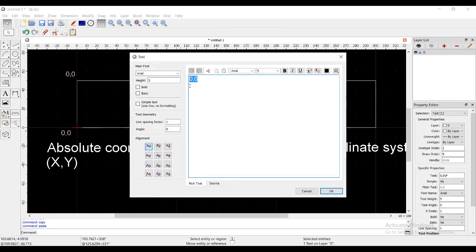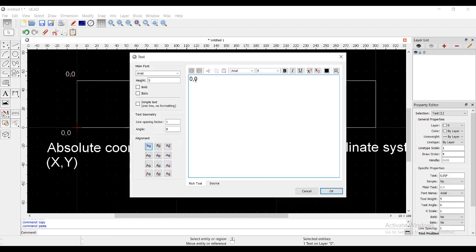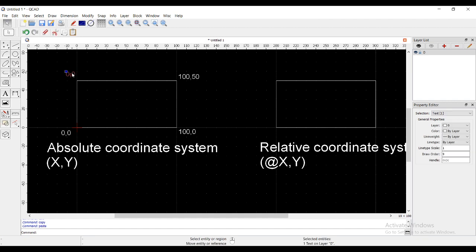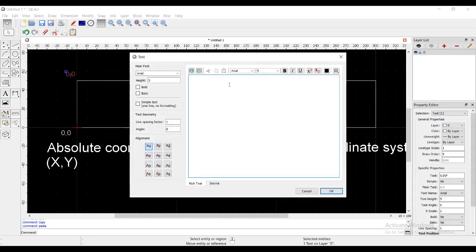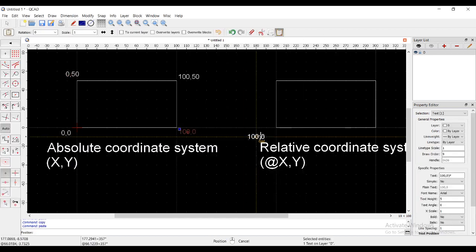Just for your reference, I am writing this, so it will be 100 comma 0. This will be 100 comma 50, and this will be 0 comma 50. So that is the absolute coordinate system.